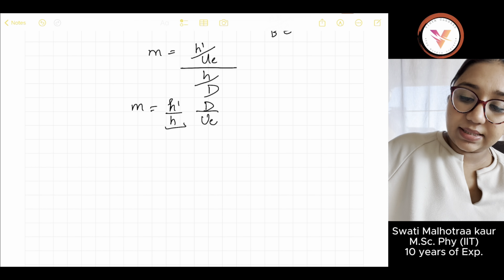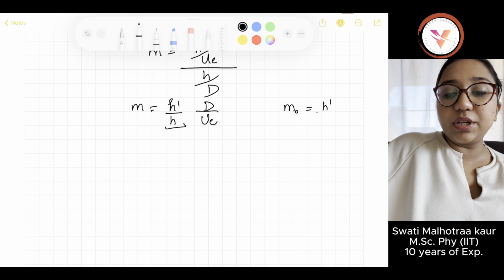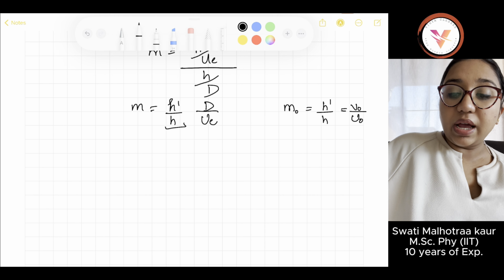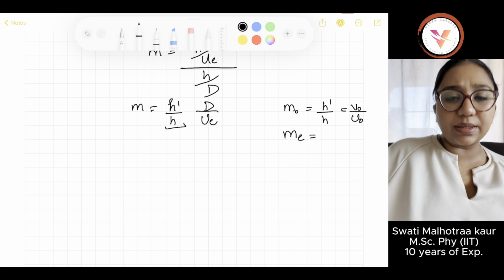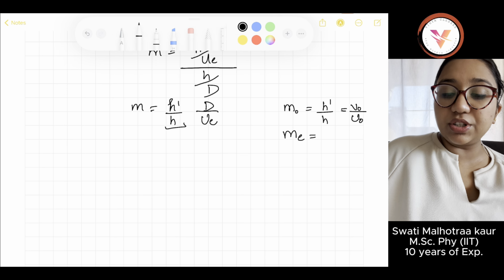So I can say that magnification because of the objective is what? Height of image upon height of object, or VO over UO, and magnification from the eyepiece. I'm just putting the values here, then I will put in the sign convention.